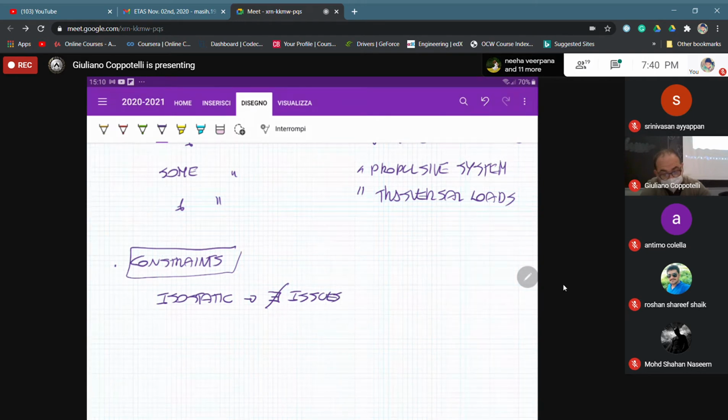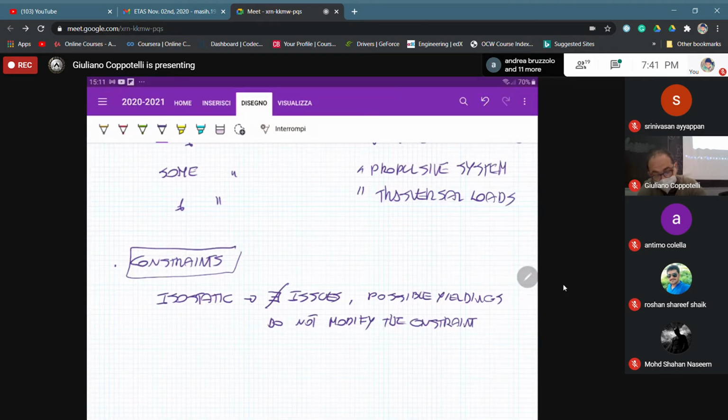Okay, because if you are having possible yieldings or some other effect, these do not modify the constraint reaction.